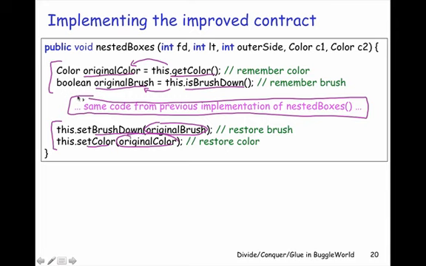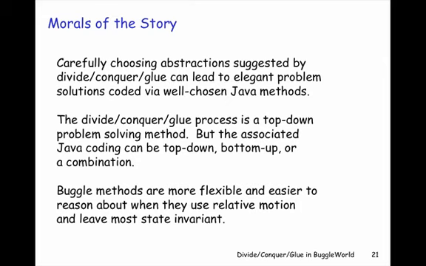So what we've done is up here we have saved all the information, and down here we restore that information before we return, and that's a really nice pattern for making sure that our buggle properties remain invariant. So this is a nice thing to use in your code, and it'll be very useful to you throughout the rest of the semester. So that's the conclusion of our divide, conquer, and glue slides.